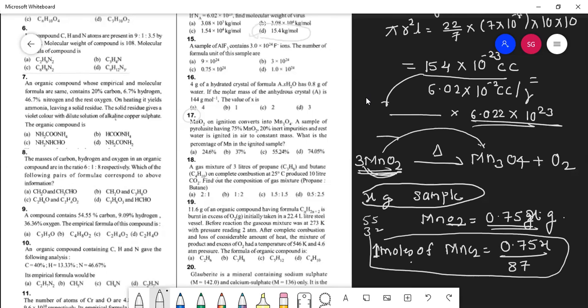Just imagine, when these 3 moles are used, we get 1 mole. Is it correct? According to the reaction, when these 3 moles are used, we get 1 mole. If 1 mole is used instead of 3 moles, how much will you get?